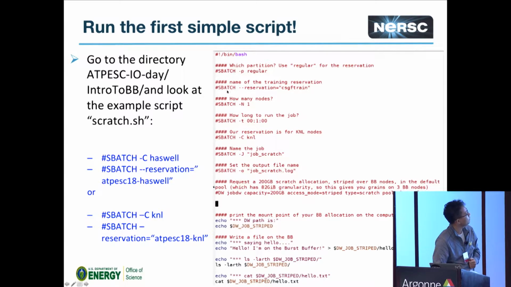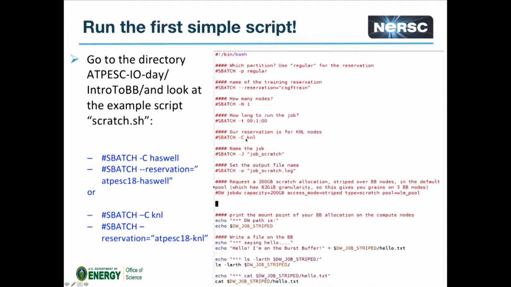For example, you can put your reservation name here, which is reservation equals ADD PSC 18 minus haswell, or you can use the KNL resources. But if you use Haswell, then you should specify the node type here.